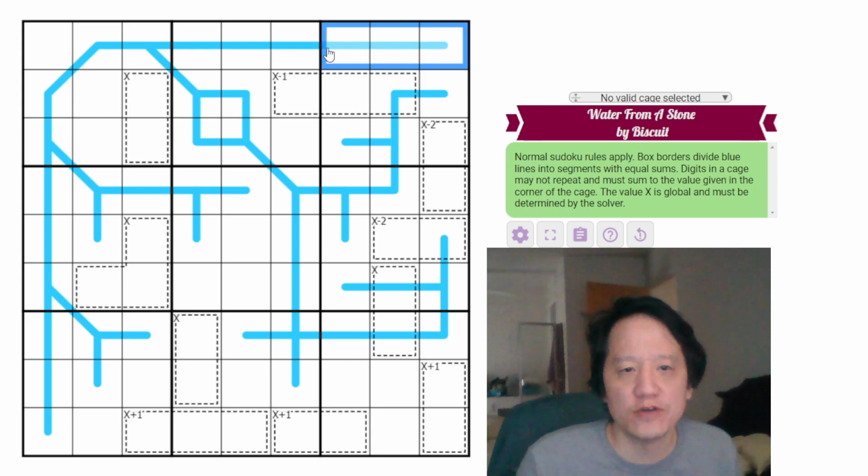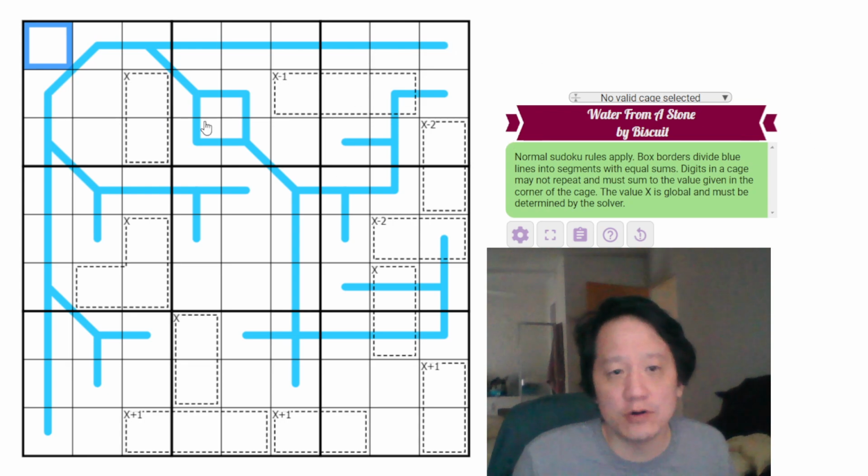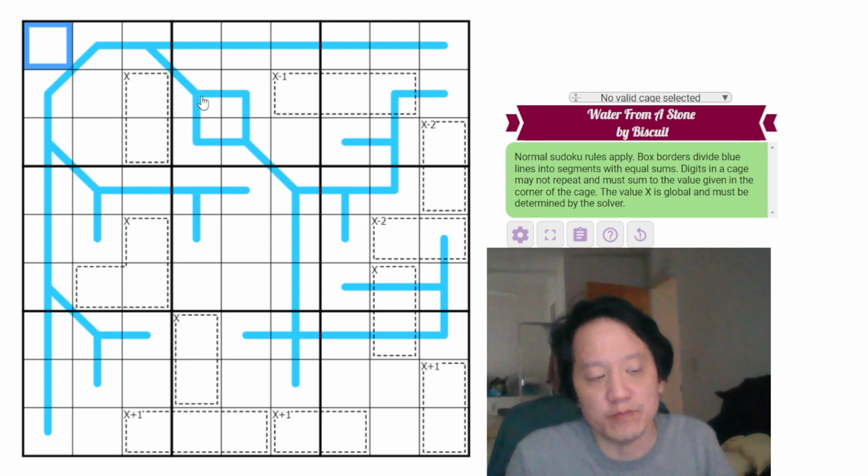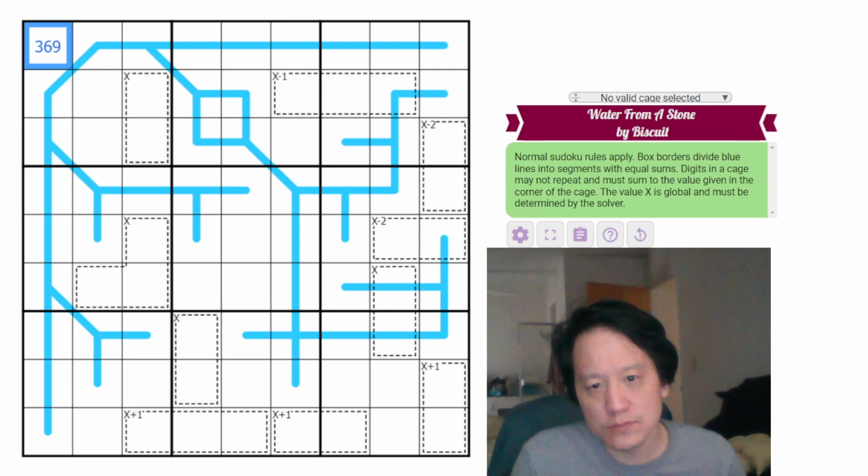And so therefore y times 3 is equal to all of these. And then this is 45 minus 3y. Therefore, this also has to be a divisible multiple of 3. So it has to be 3, 6, or 9. So that's going to be interesting.